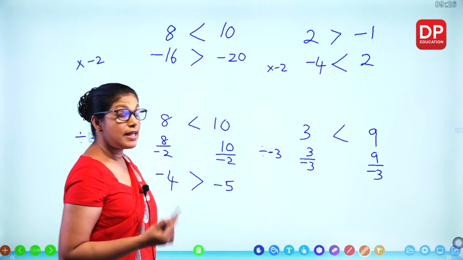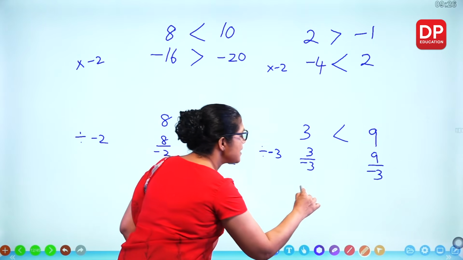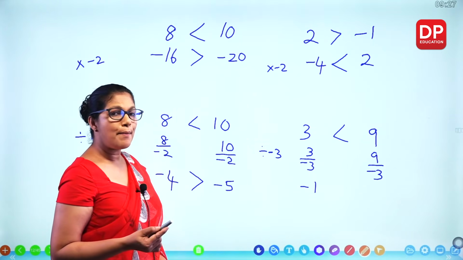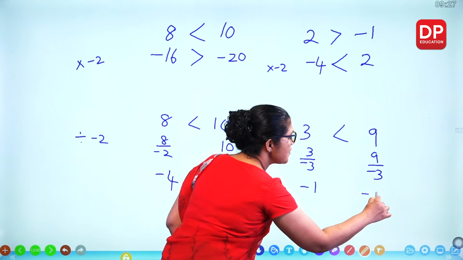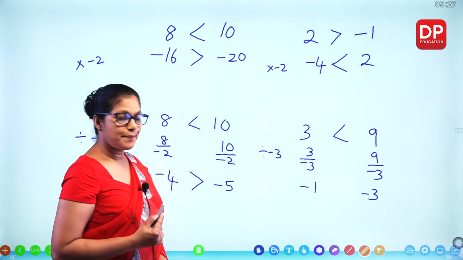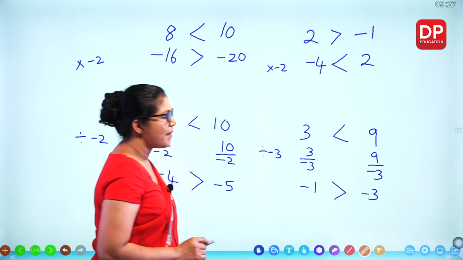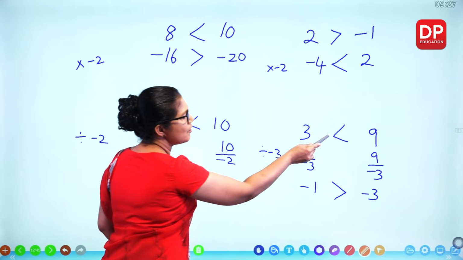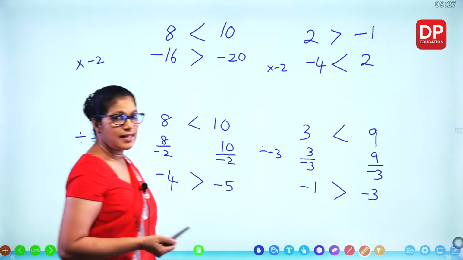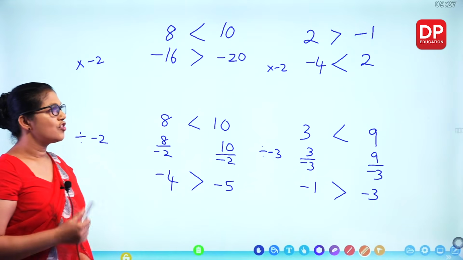So what happens? 3 divided by minus 3 becomes minus 1. 9 divided by minus 3 is minus 3. Now which one is bigger? Minus 1 is greater than minus 3. So what happens here? Here also the sign changes.